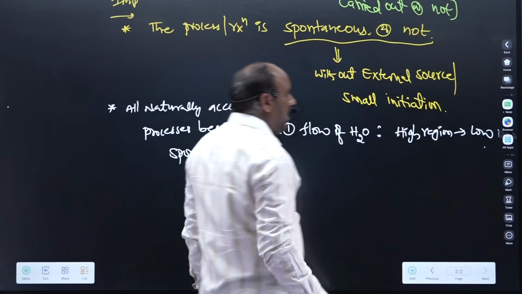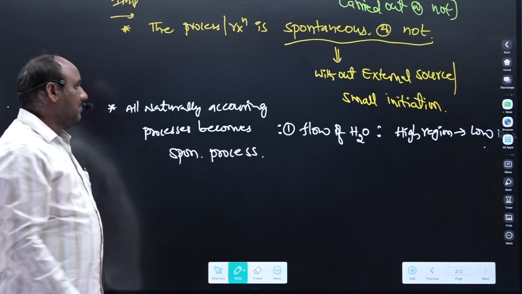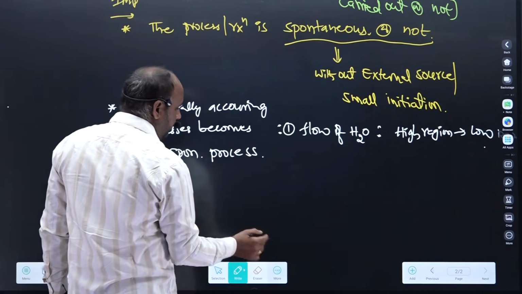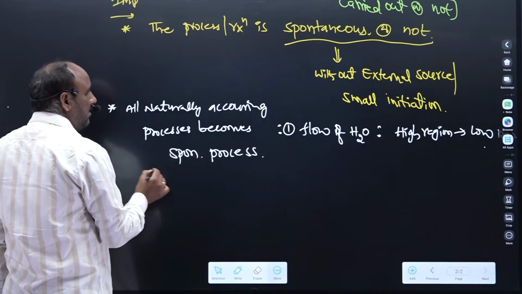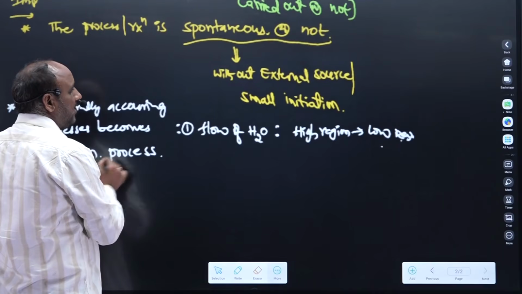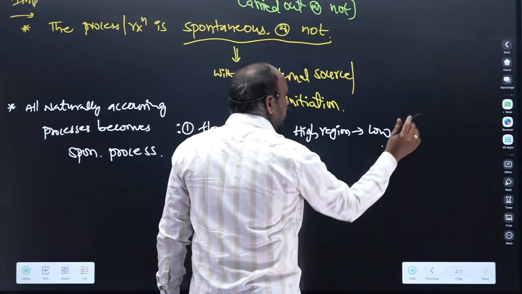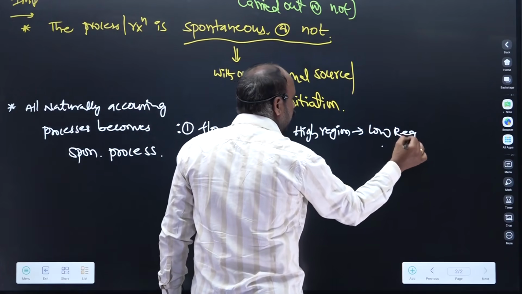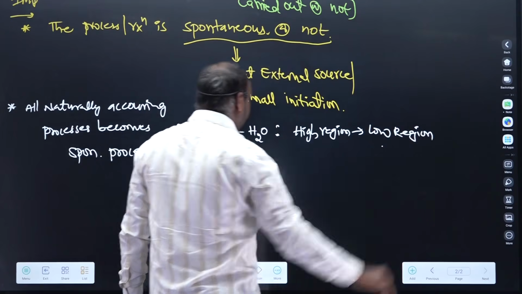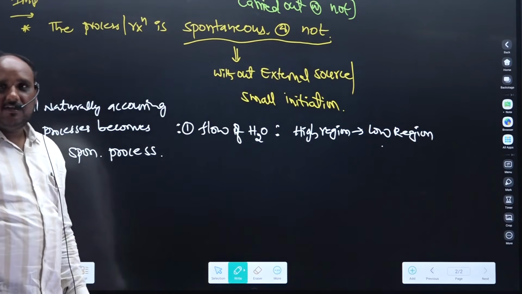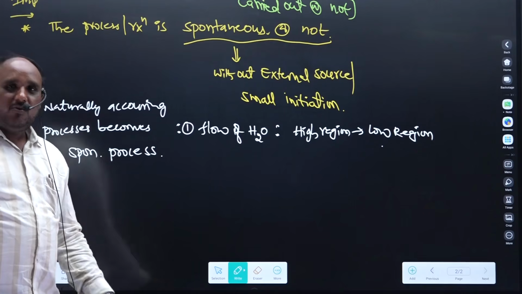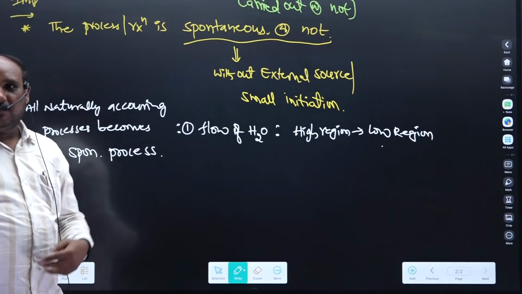We can write high altitude to low altitude also. So, high region to low region. Flow of water. So, from down to up, is that a waterfall?